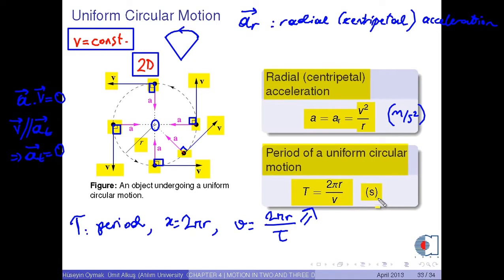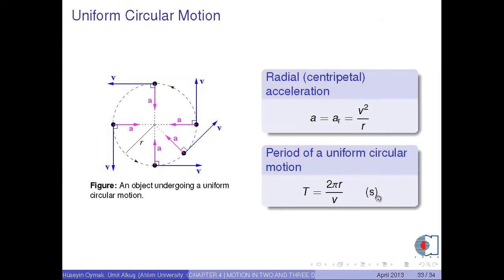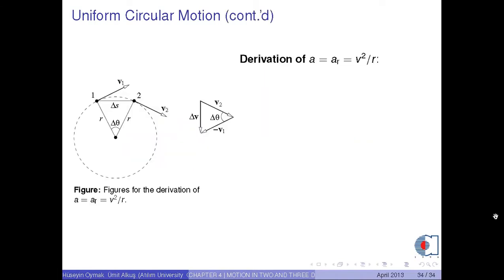Let's now prove that the acceleration vector a is directed toward the center of the circle, and that its magnitude is given by a = a_R = v² / r. To do so, we will use this figure, where the object is at position 1 at time t1 and at position 2 at a later time t2.